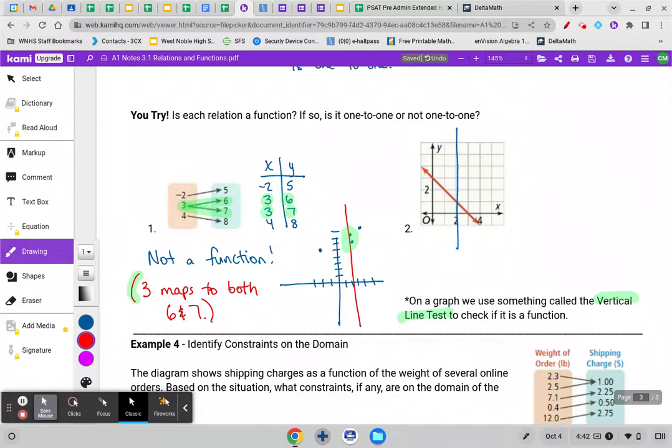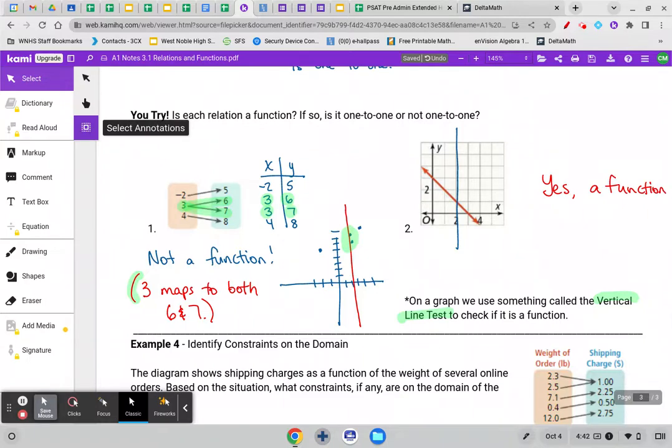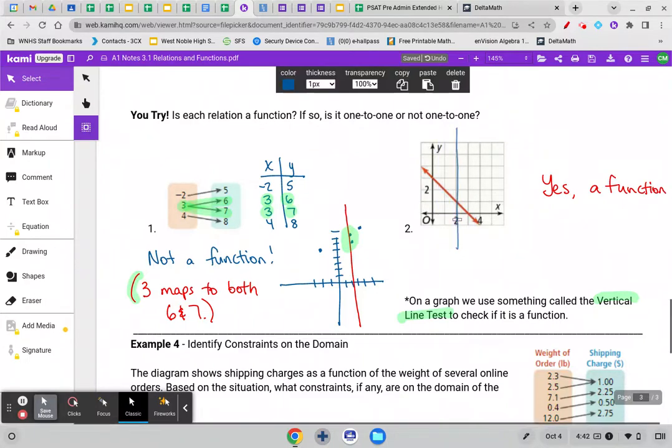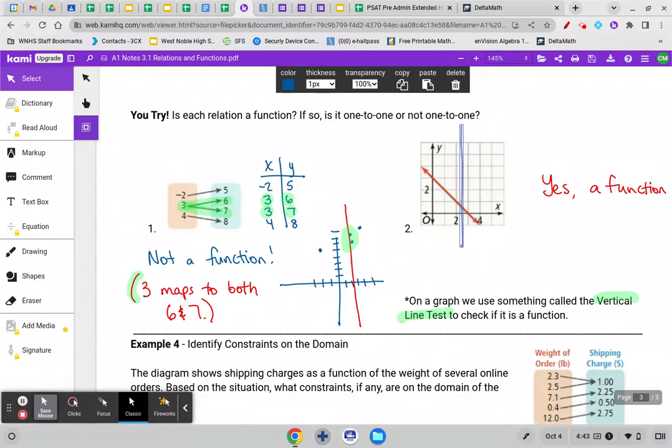For the second one, though, this is a function because, like I was saying, with the vertical line test, we can check. Because this vertical line here can be moved and only crosses the red line at one point at a time, this is considered a function.